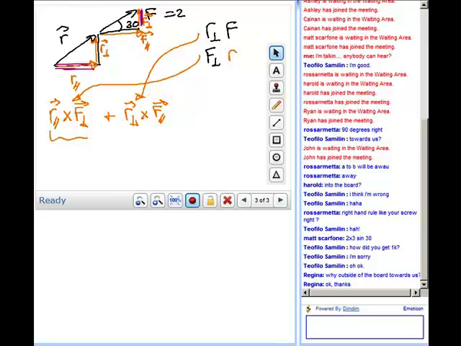So if r is going like this and f is going up, what is going to be the direction of this cross product? Is it going to be clockwise or counterclockwise? Anybody? What is the direction of the first term? R parallel cross f perpendicular.